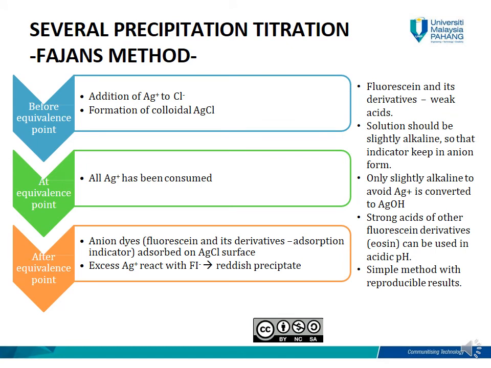Okay, now for the Fajans method, the third precipitation titration, this is the process. For this Fajans method, your analyte is the same, chloride, and you also use silver nitrate as your titrant, and your indicator is fluorescein. Fluorescein and its derivatives are a group of weak acids.